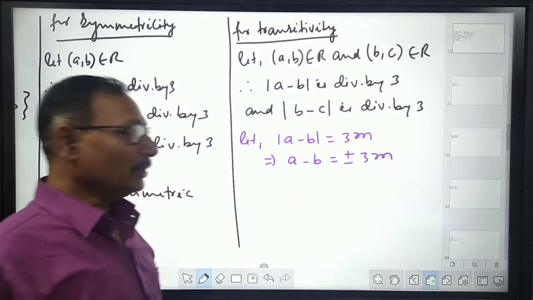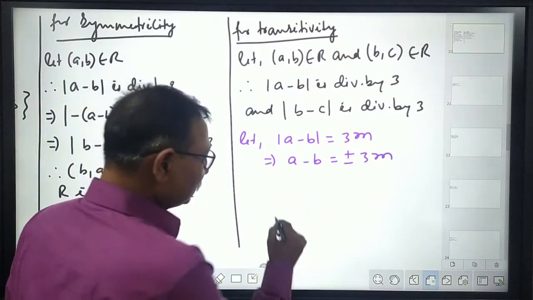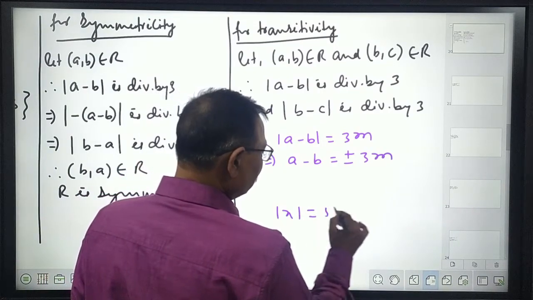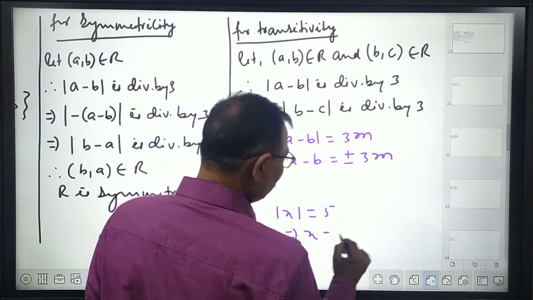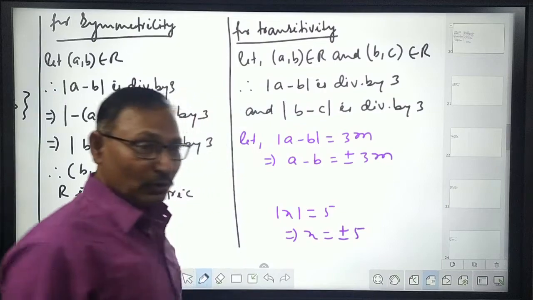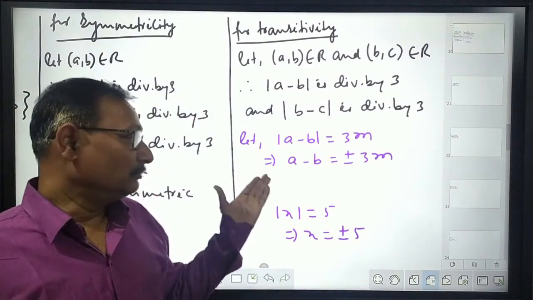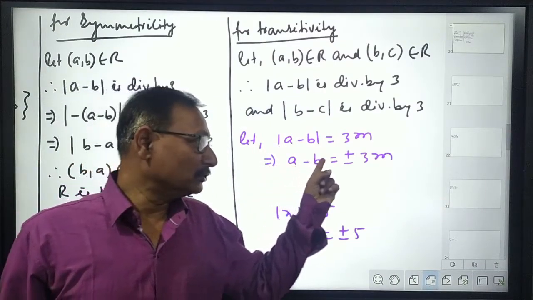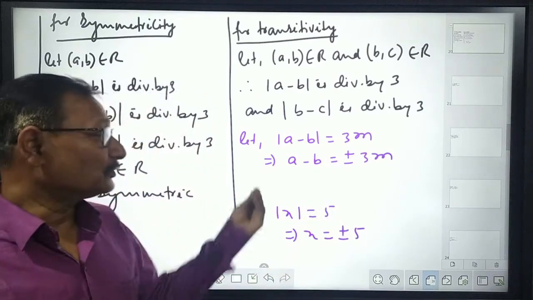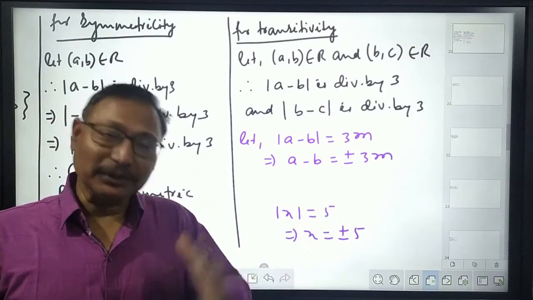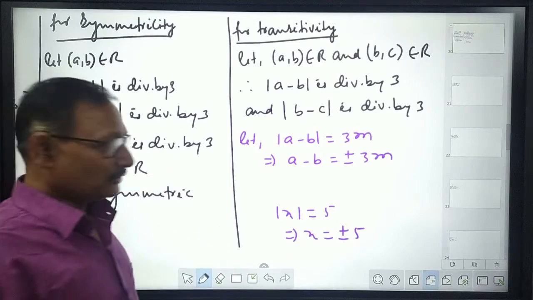That means, if I write here modulus x is equal to 5, then it means x is equal to plus minus 5. So having this concept, we can write a minus b is equal to plus minus 3m. Now this one has been kept out from the modulus symbol.